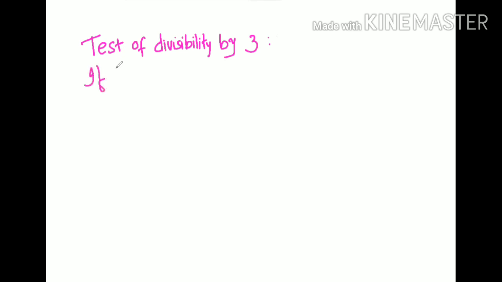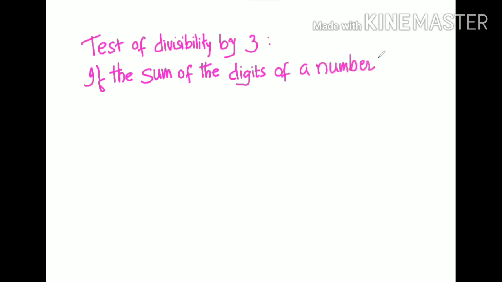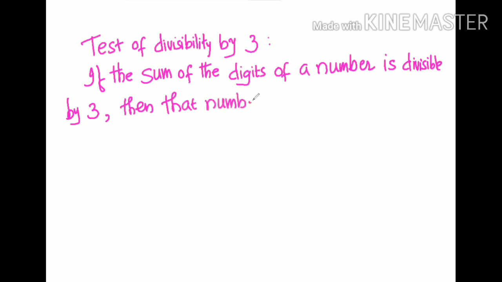If the sum of the digits of a number is divisible by 3, then that number is divisible by 3.